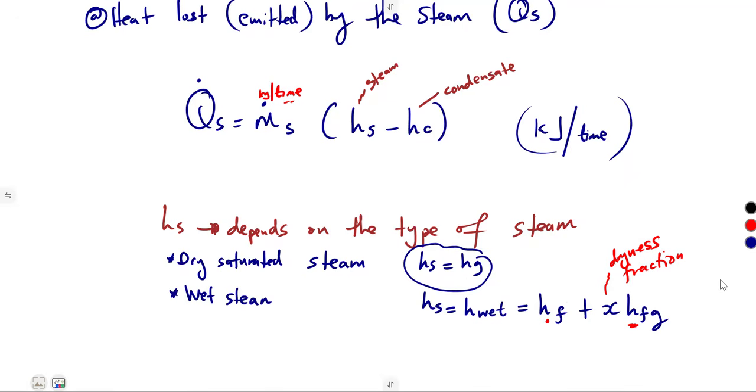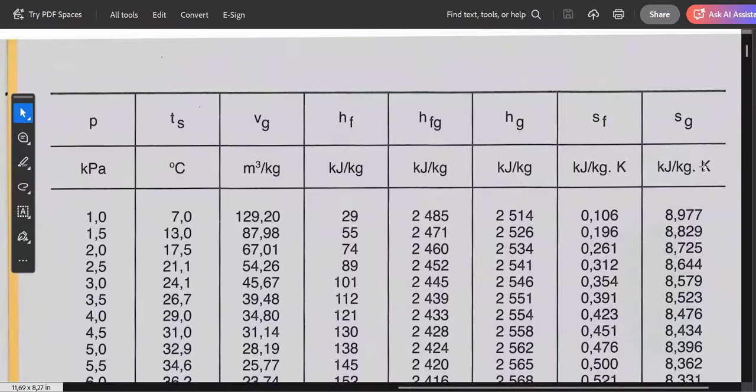Now, at what condition are we going to take these? Take note here, when the temperature of the steam is given, which is our TS, that is the one that you use here from your steam tables.